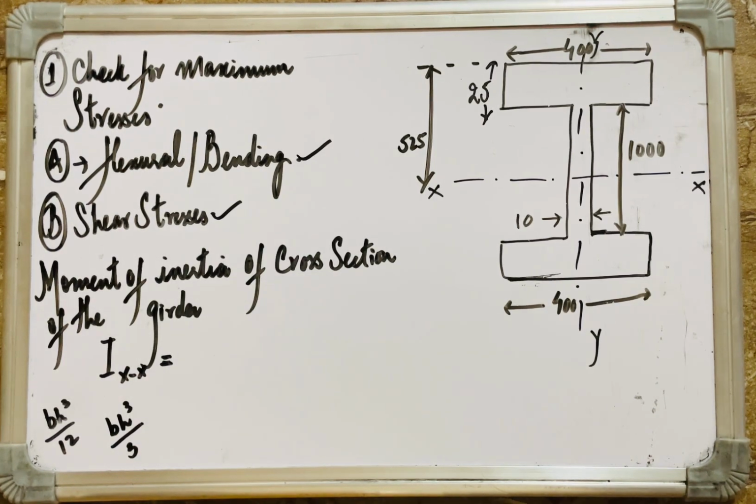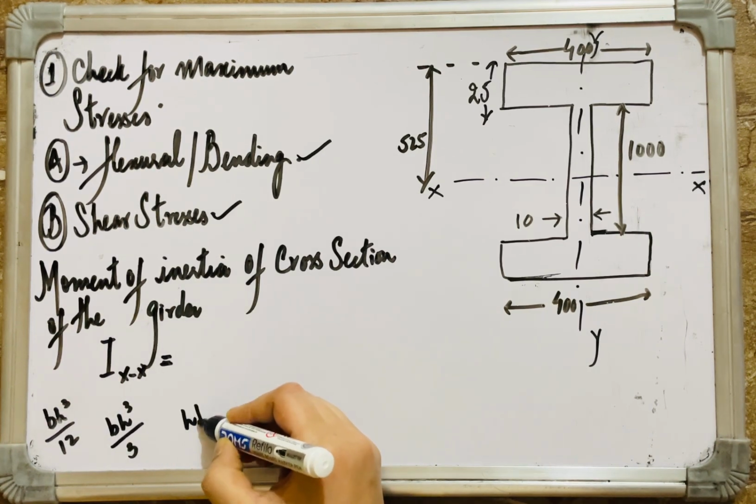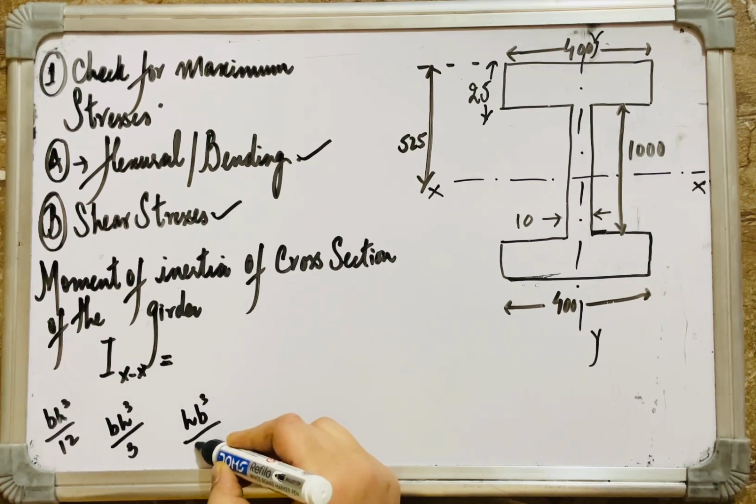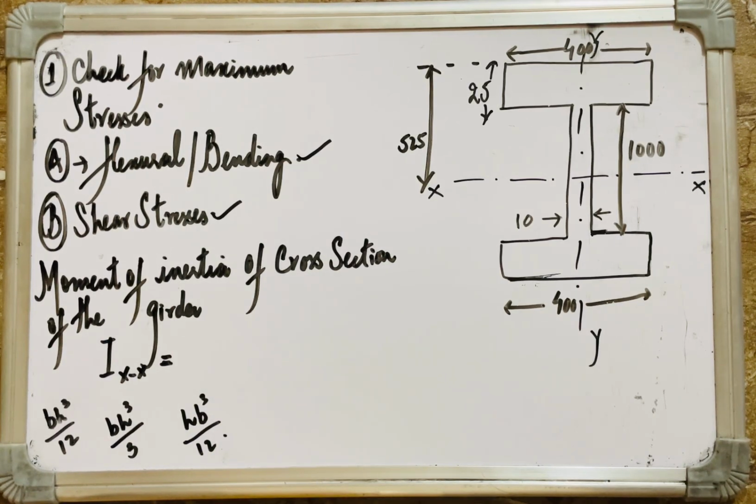And about the centroidal axis perpendicular to its base, it will be given by hb cubed by 12. So this was about the moment of inertia of a rectangle about various axes: centroid, base, or perpendicular to the base.